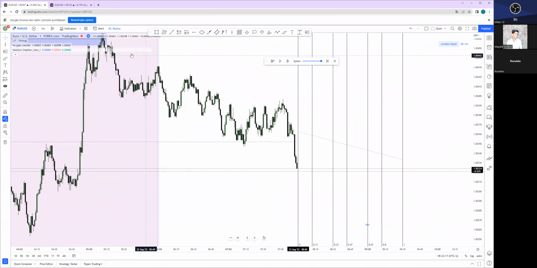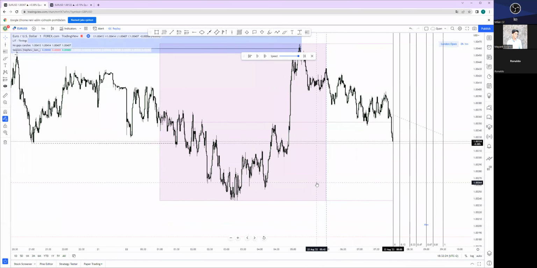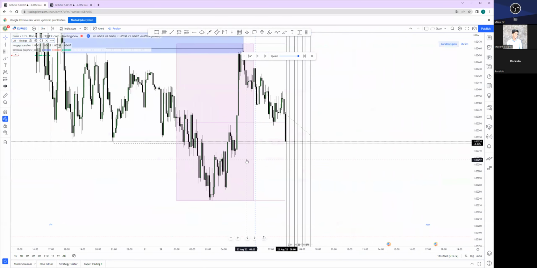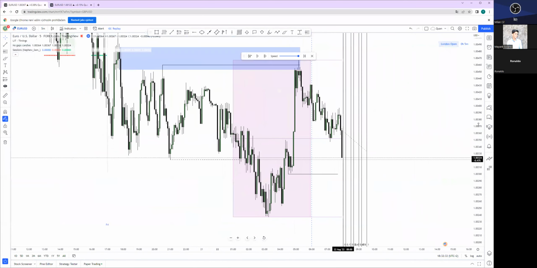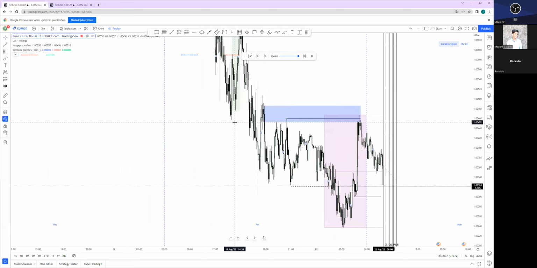Right, so we have Frankfurt open. Let's see the price action first. Right, so you have this liquidity, but you are clearly in bearish order flow.